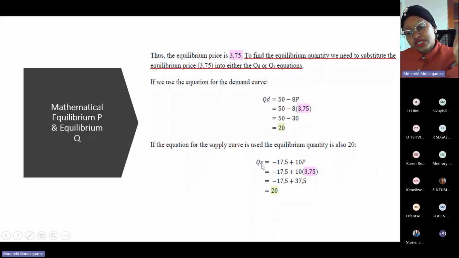And we substituted into the quantity supplied equation, negative 17.5 plus 10P. 10 times 3.75 is 37.5. Therefore, negative 17.5 plus 37.5 equals 20.